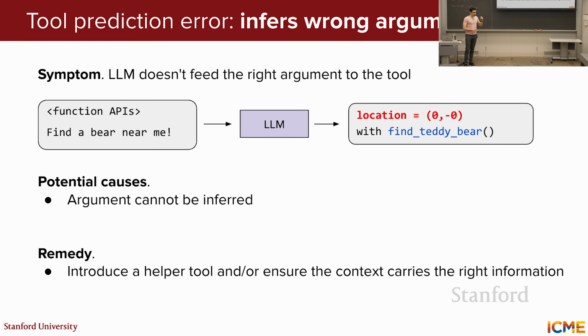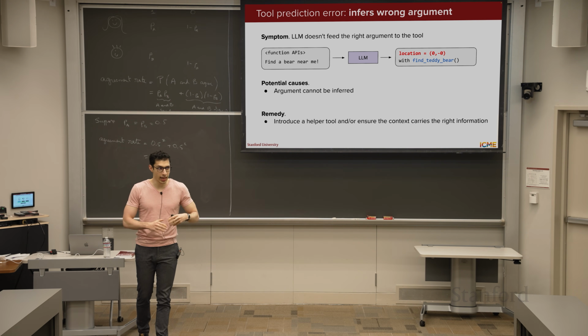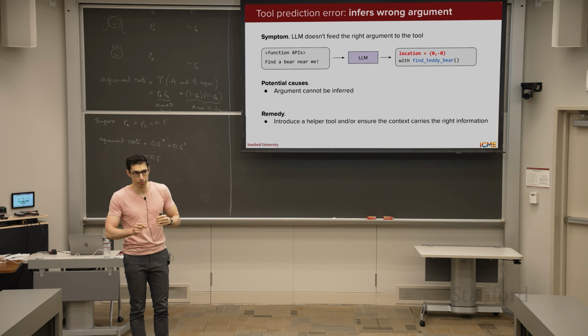And one possible explanation for this is that maybe it simply doesn't know where I am, because I haven't specified in my query that I'm here at Stanford, and it just tries to make up my coordinates. So one thing that you should double check is making sure that the context carries the location information. So if I haven't provided that as a setting on my LLM app, it's possible it's not there.